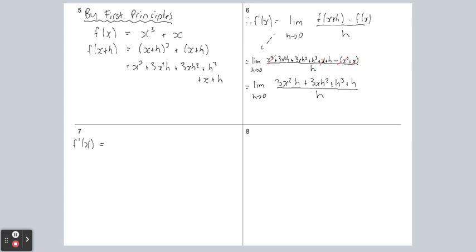So I can take h as a common factor out, keeping the limit as h approaches 0, and that leaves me with 3x squared plus 3xh plus h squared plus 1 all over h. And I can then cancel out the h's. Now we're cooking with gas.